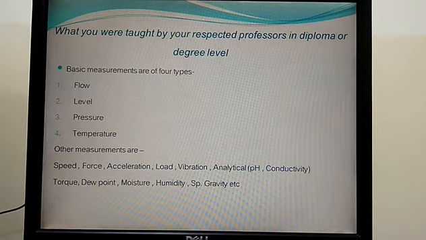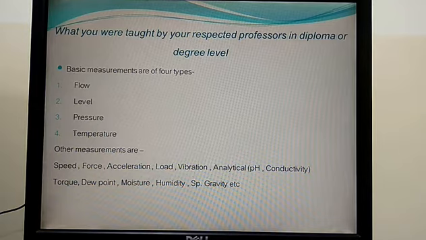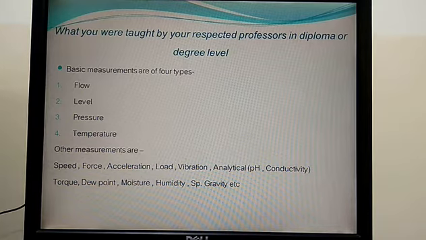What you were taught by your respected professors at diploma or degree level: basic measurements are of 4 types: flow, level, pressure and temperature. And other measurements are speed, force, acceleration, load, vibration, analytical types like pH and conductivity, torque, dew point, moisture, humidity, specific gravity and many more.